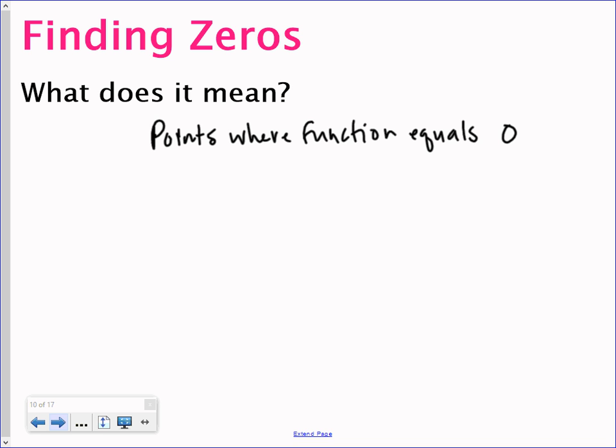What are those points where the function equals 0? Where it crosses the x-axis, what do you call that? What kind of intercepts? Yeah. You're finding the x-intercepts.